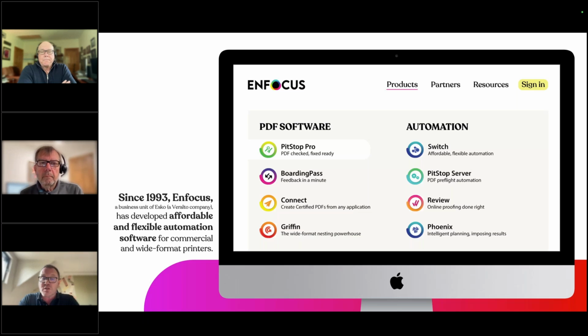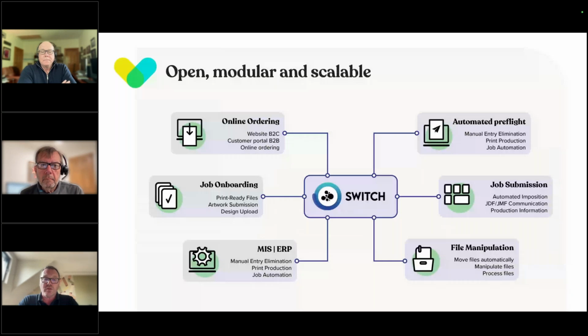I said Switch is a middleware. What is a middleware? It actually is the connection between your input and your output. So whatever ordering system that you have, is that, for example, a B2B or B2C website? Is it, for example, an MIS system or an ERP system? Or if you have a job onboarding environment, we are able to capture all of those orders, extract the metadata or the data connected to it, so the product description, and then apply automatic tasks to it.